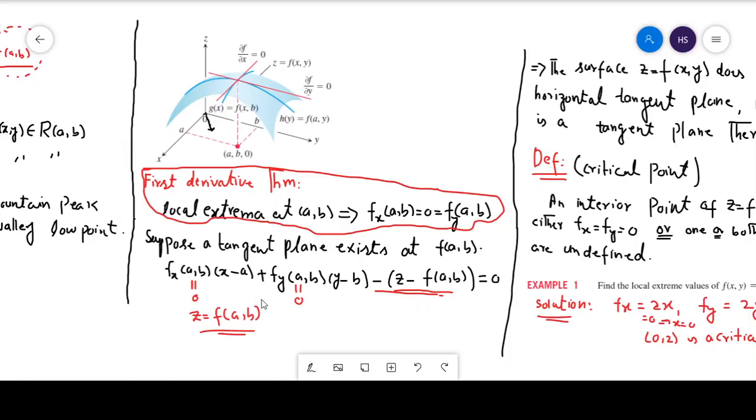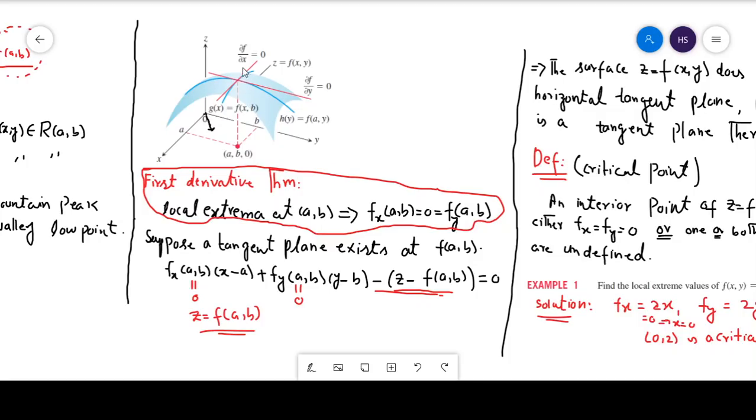So this whole surface is nothing but a single functional point at AB. That means this tangent plane touches only at f of AB. So if there exists a tangent plane at this point AB, in other words this point is not a saddle point, and these two slopes are zero, then the tangent plane would be a horizontal tangent plane.